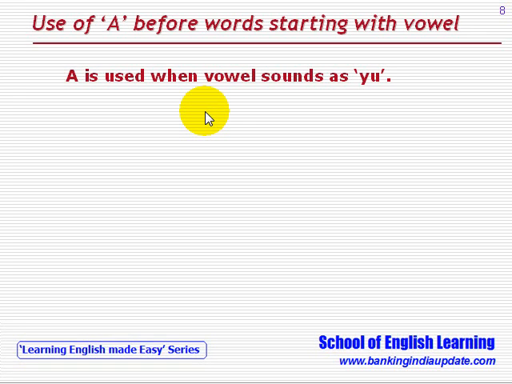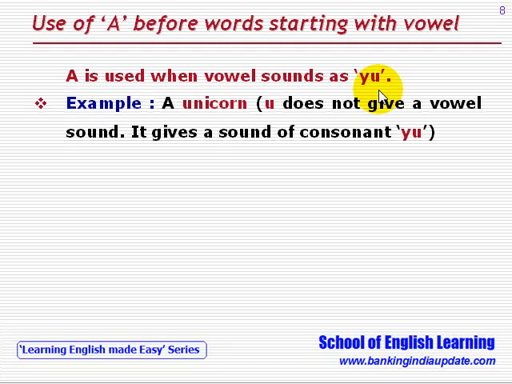A is used when vowel sounds as U. For example, unicorn. Here the word starts with a vowel, but it will be said a unicorn because U does not give a vowel sound, it gives sound of consonant U.